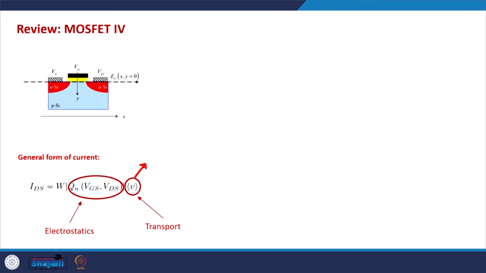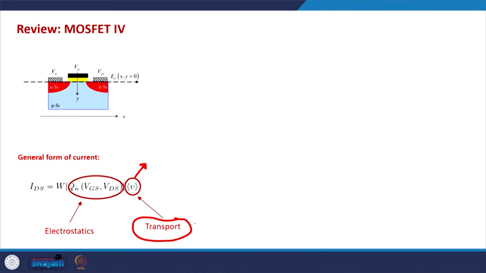In order to analyze it, we need to understand the transport theory of electrons in nanostructures, in nano devices, especially for the short channel MOSFETs that we use nowadays, because the transport, as we have seen in the previous part of this course, has been modified a lot in modern devices.